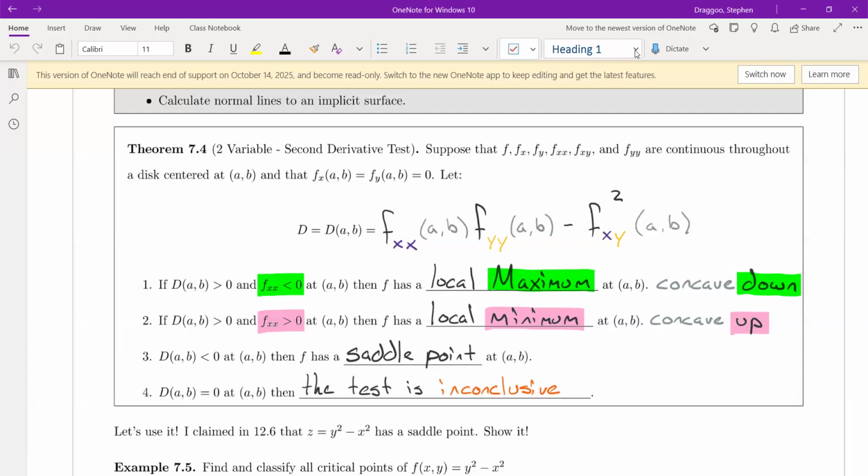Now let's come back to look at the nuts and bolts of how that number is calculated, because that'll start to tell us something. So, what we're going to claim is that if I want to have a local maximum or a minimum, I need that determinant value, that capital D, the second order derivative test number. That thing has to be positive. Positive. Doesn't matter if I've got a minimum or a maximum.